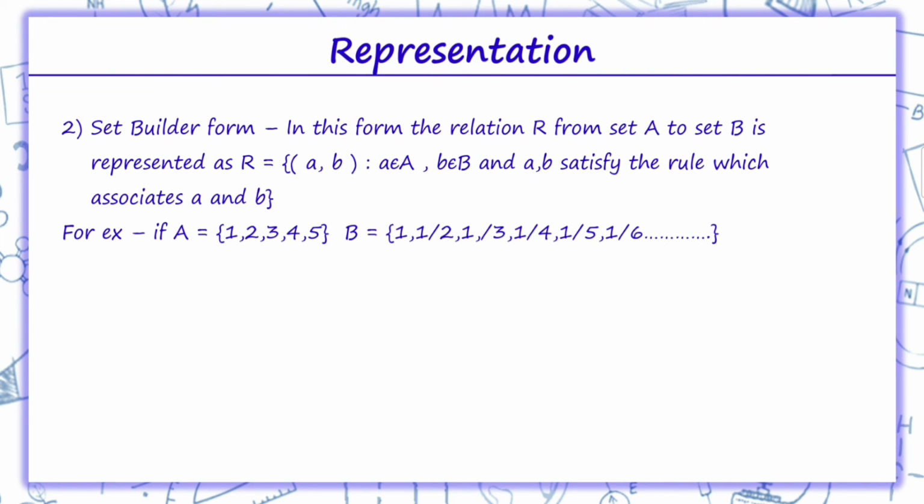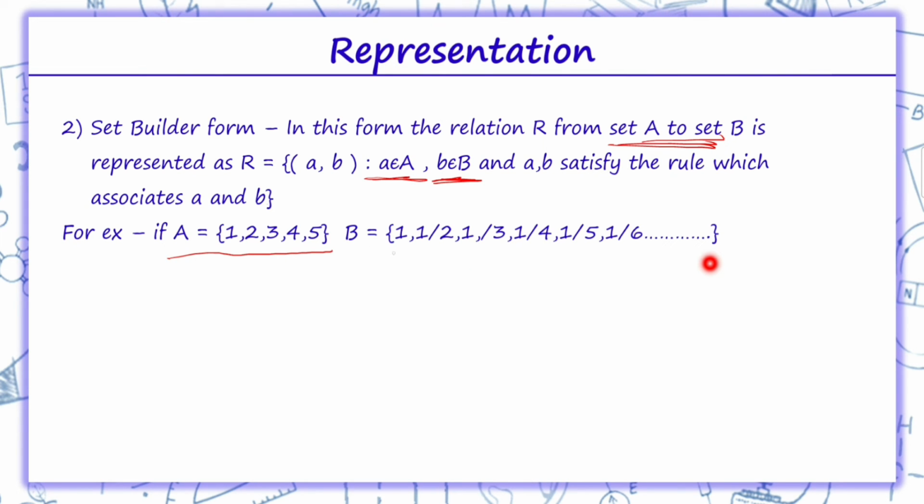But when we talk about set builder form, in this form the relation R from set A to set B is represented as R equals {(a, b)}, where a belongs to set A and b belongs to set B, and (a, b) satisfy the rule which is associated with it. For example, here the question we are taking: set A consists of 1, 2, 3, 4, 5.